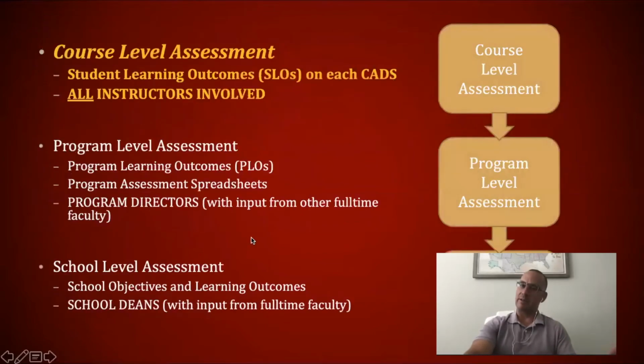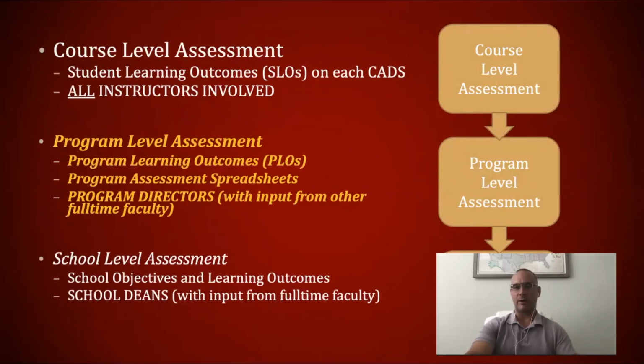So it's very, very similar to the course level assessment, but in this case, we're really focusing on program level assessment. We do that not through student learning outcomes, but through PLOs, program learning outcomes. And we do that through our program assessment spreadsheets, but that document is, instead of a CAD, a PAD, a program assessment document.